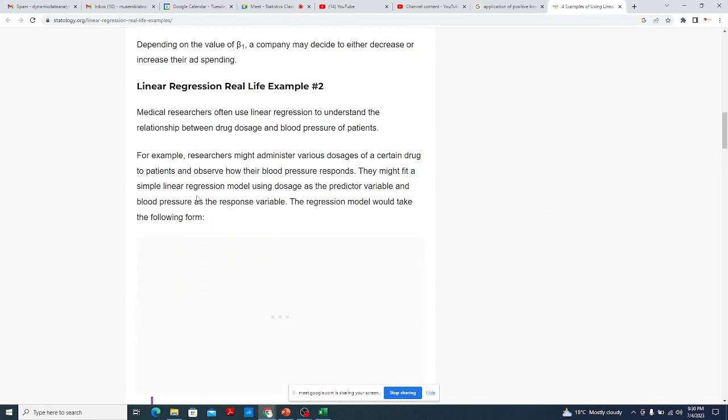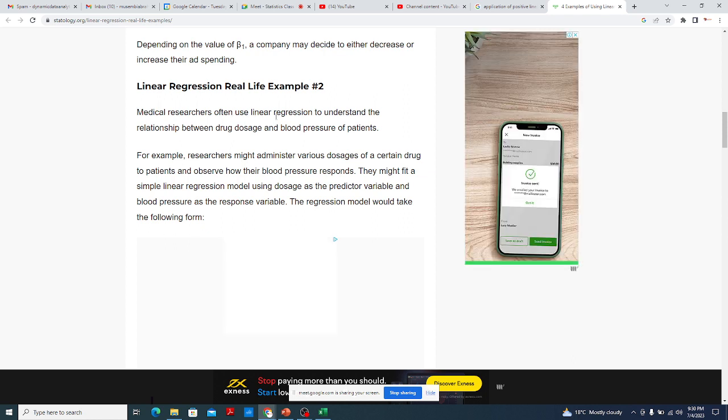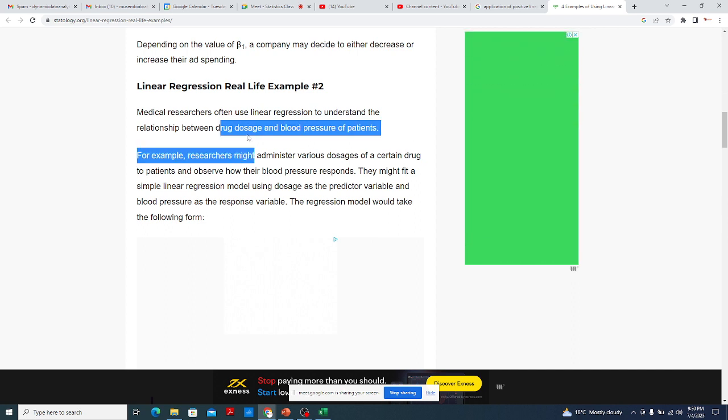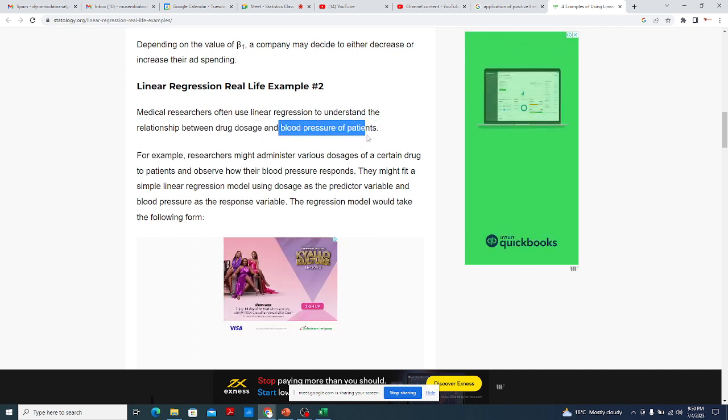Let's take an example from medical research. Medical research often uses linear regression to understand the relationship between drug dosage and blood pressure of patients.